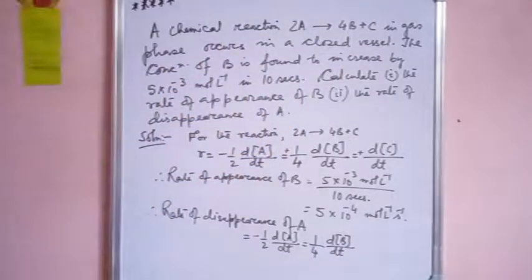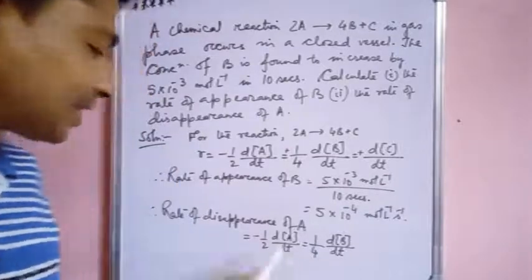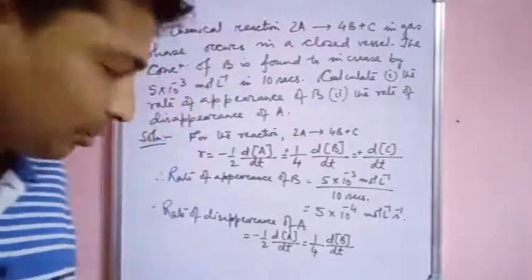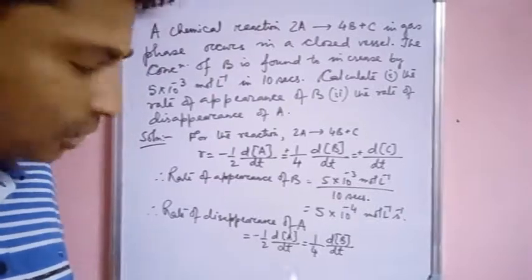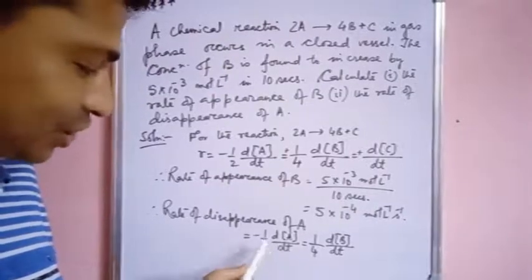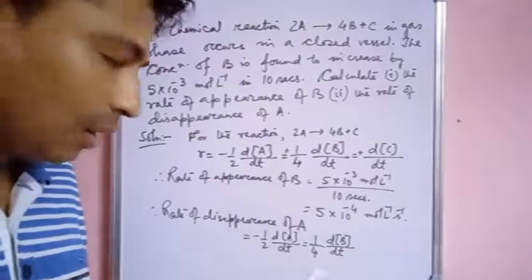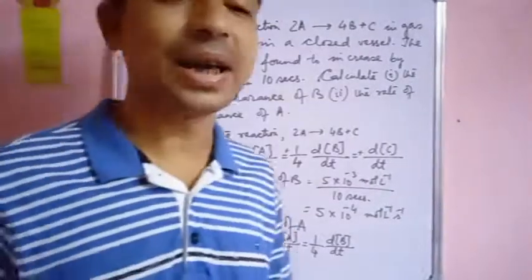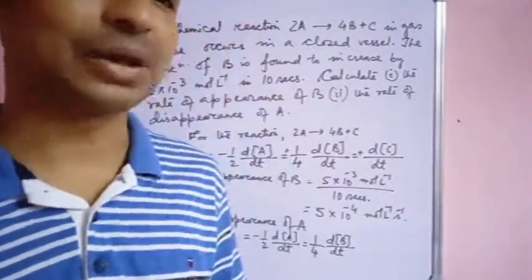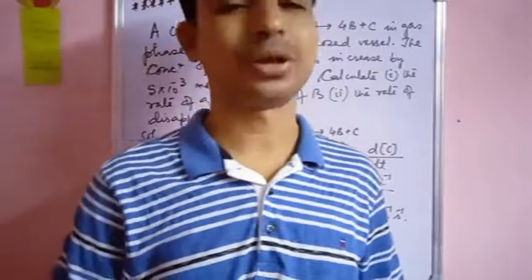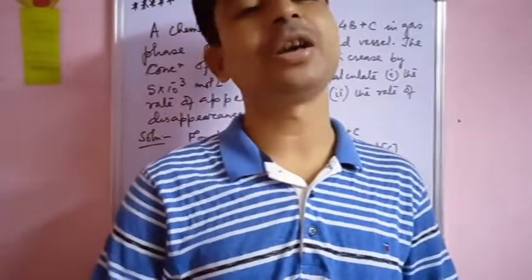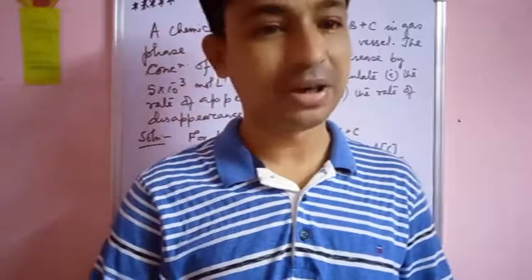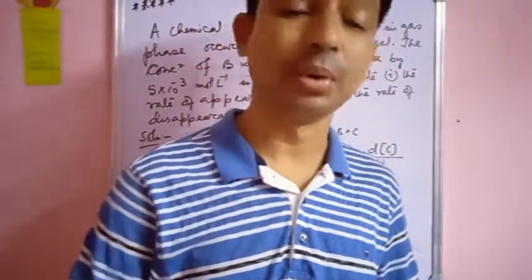So we will put the sign. Now here one question is that we will put the sign up to the differential equation, but while calculating the final rate we will remove the sign, whether it is positive or negative, because we know that rate of anything cannot be negative. It is not at all possible.